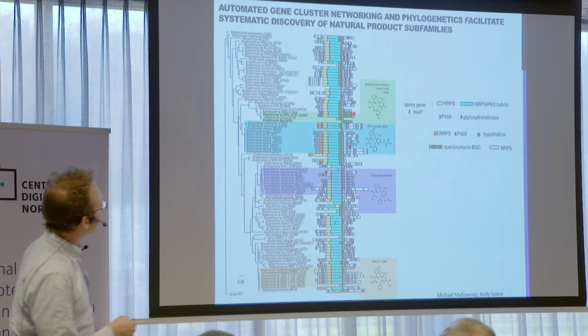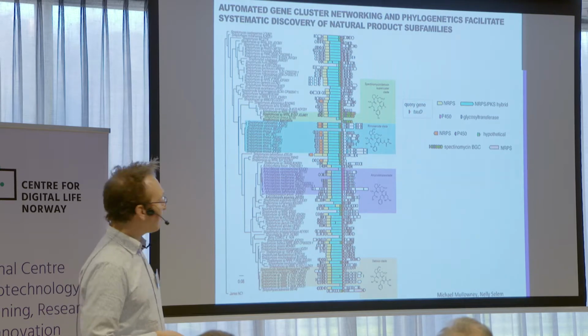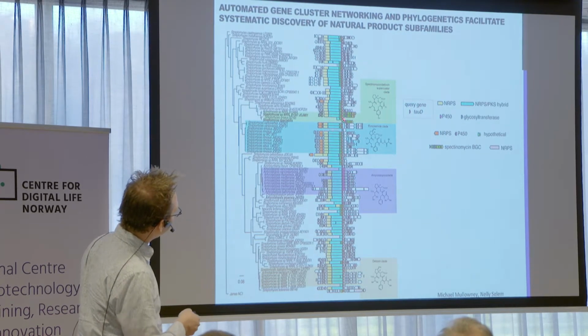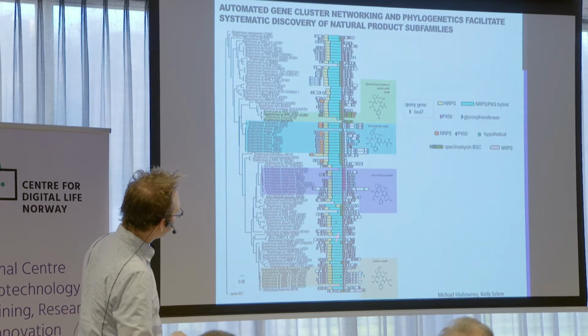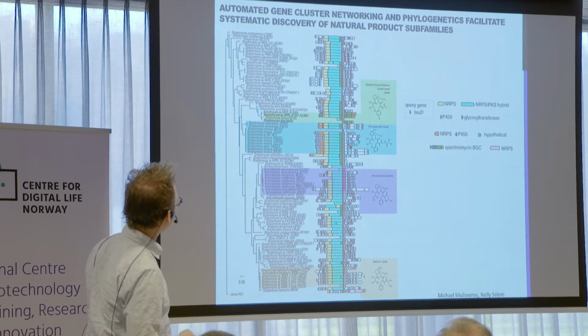And when using CORASON, we made a large tree of the ditoxin ramosamide superfamily, gene cluster superfamily. We were able to see that different branches of this tree, different subfamilies, also had slight variations in enzyme content.